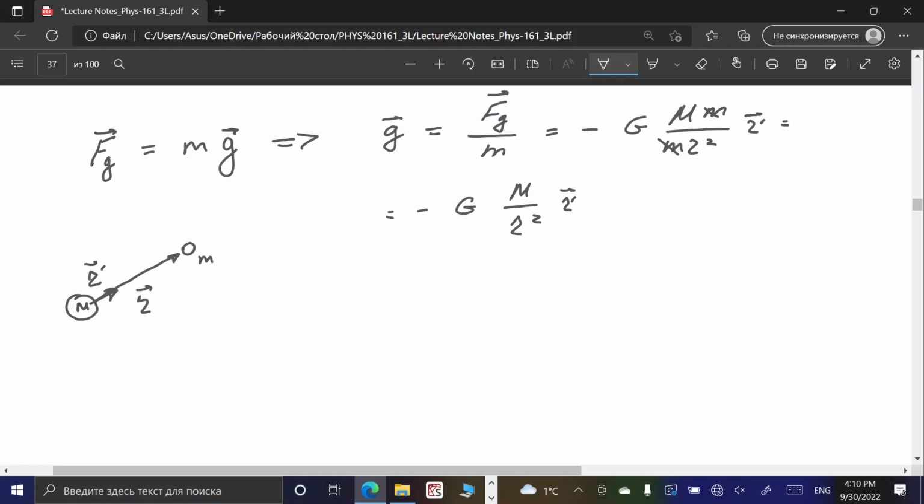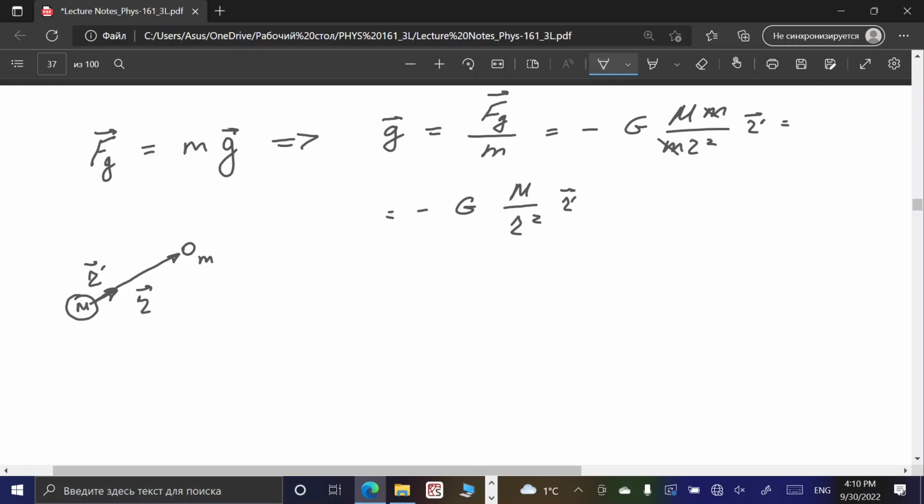So if we have some potential field, like gravitational field and some interaction where this gravitational force, which we know it's conservative force, we should deal also with some potential energy.